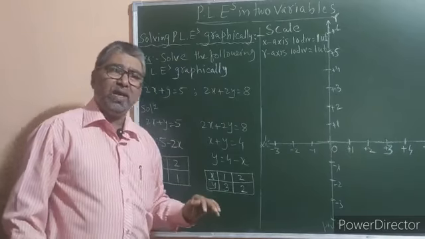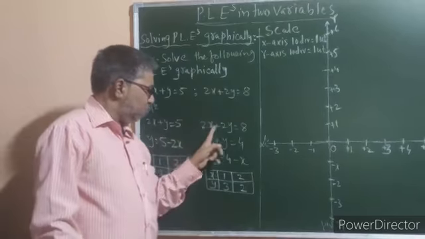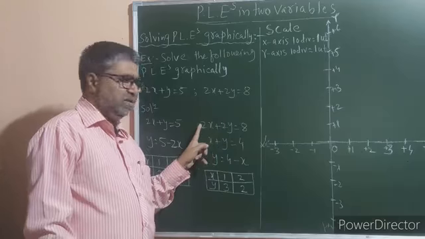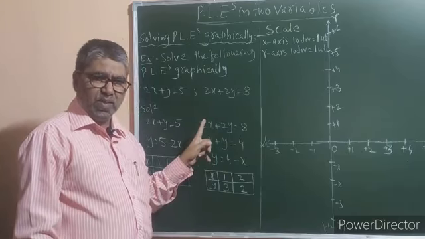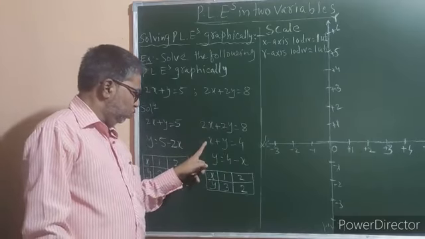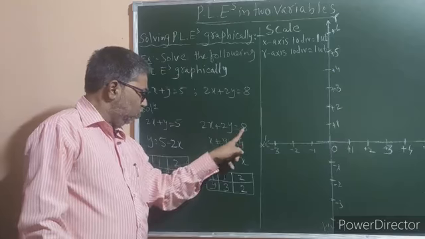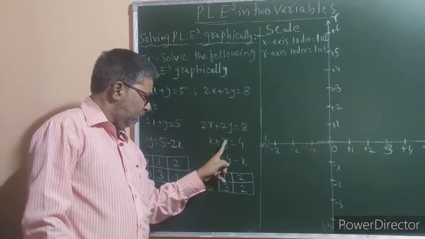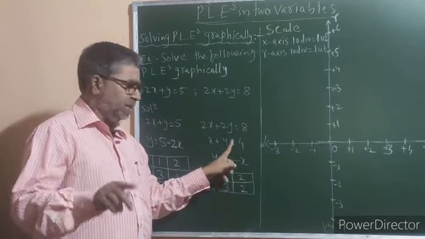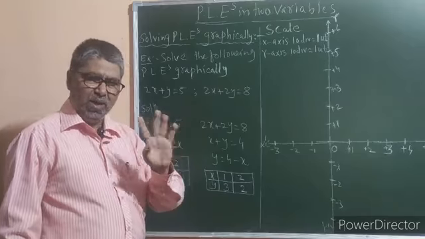So in the same way, coming to the second equation, 2x plus 2y is equal to 8. You see, this equation is completely divisible by 2. Let us divide this whole equation by 2. 2 1s are 2, 2 1s are 2, 2 4s are 8. So x plus y is equal to 4 will be our new equation after dividing the given equation by 2.